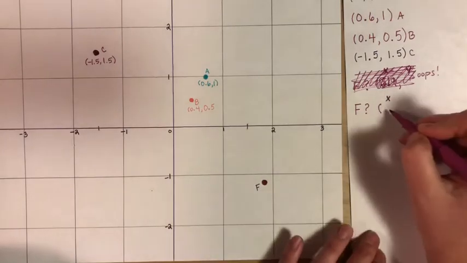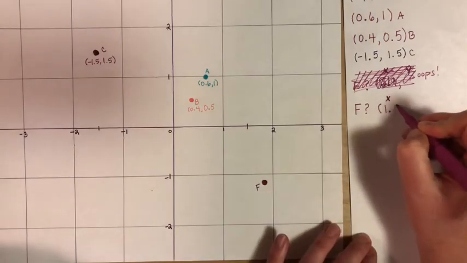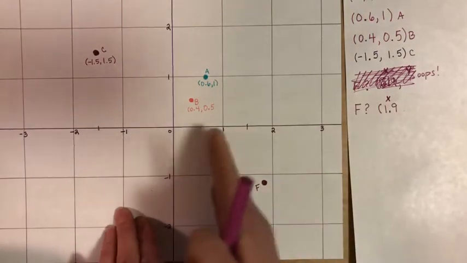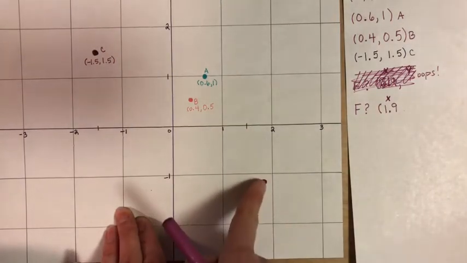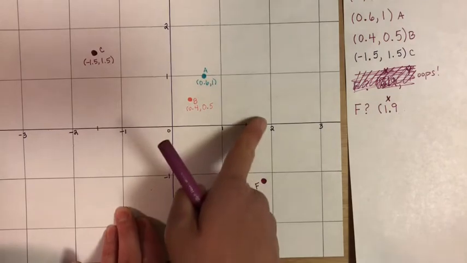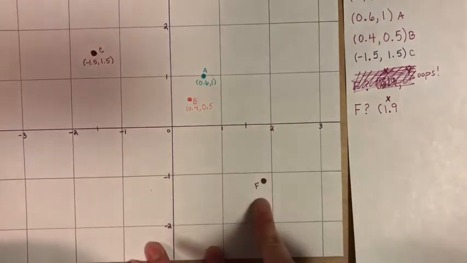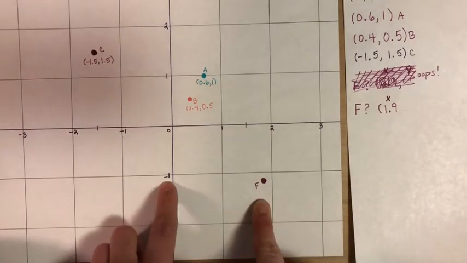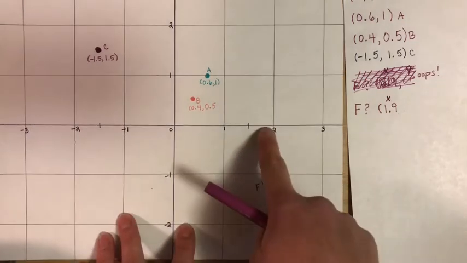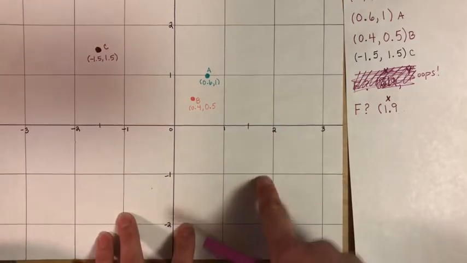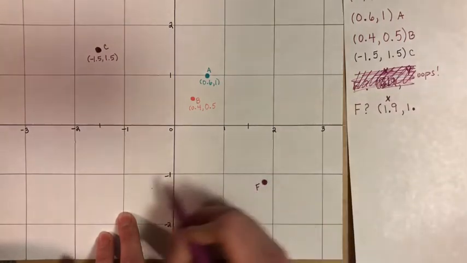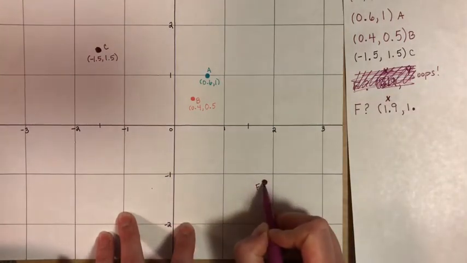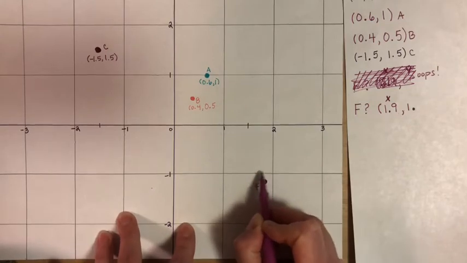So I'm going to say it's probably 1.9. We went over 1 and then we went over about 0.9 on the x-axis, and then we went down on the y-axis, so that means that we're going into the negatives. And so we went down 1 for sure. So we went down at least 1, and then this mark is pretty close to that 1 line.